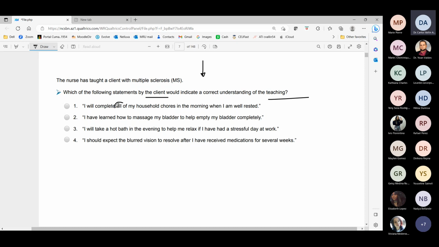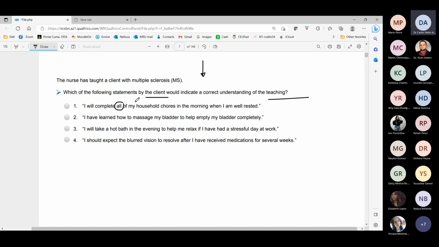So the first thing that we should see in this option is the absolute "all". When we see those absolutes, all, never, always, etc., we become a little suspicious. Not necessarily, maybe it's correct, but we become a little uncomfortable with these absolutes. And then what is said here, that you are going to do everything in the morning.